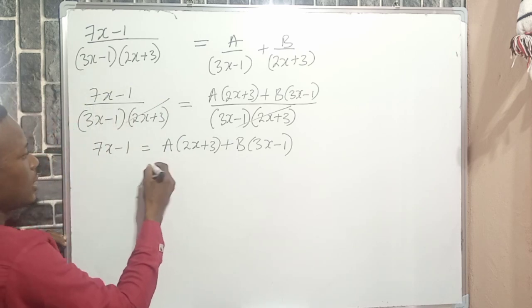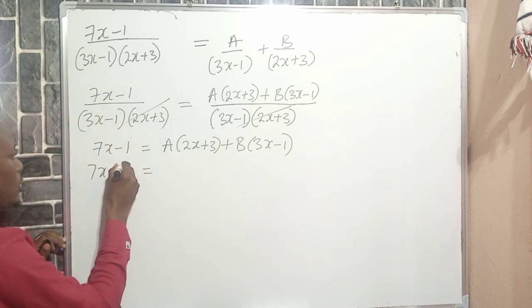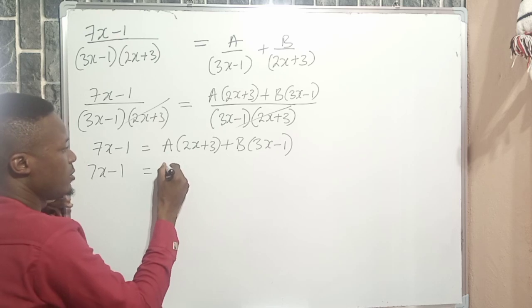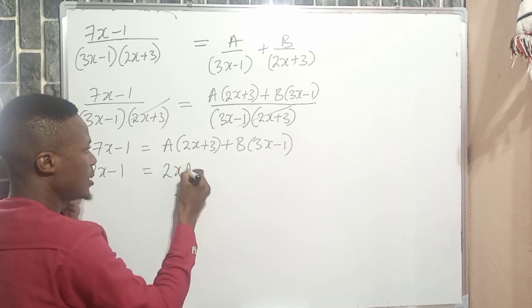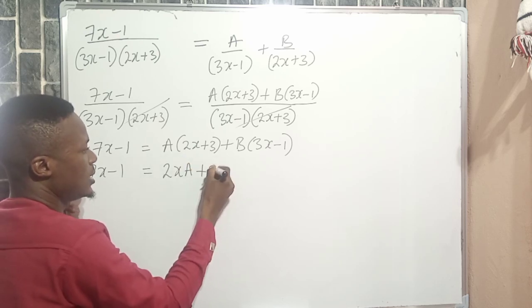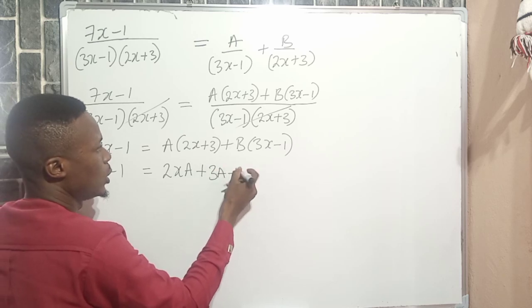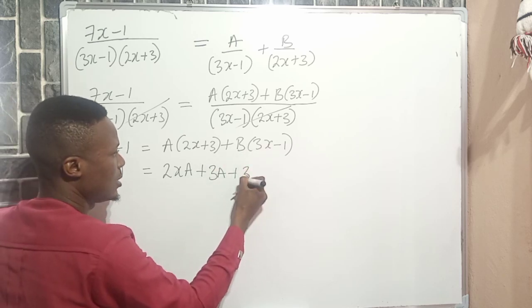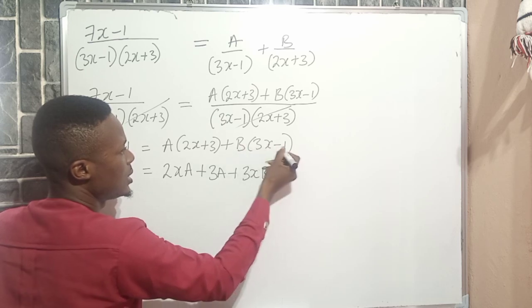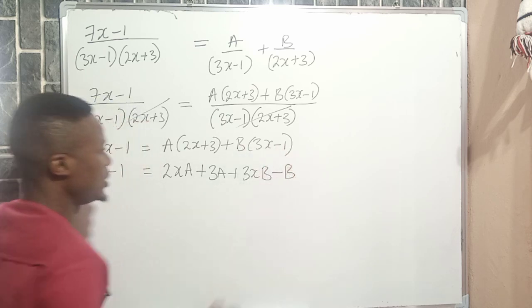So you open the bracket: A times 2x gives us 2xA, plus A times 3 is 3A, plus B times 3x is 3xB, B times minus 1 is minus B.